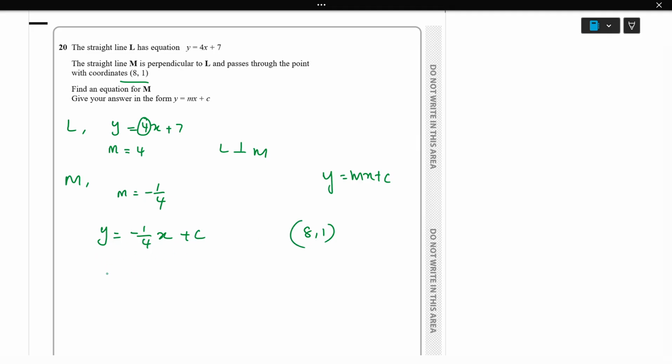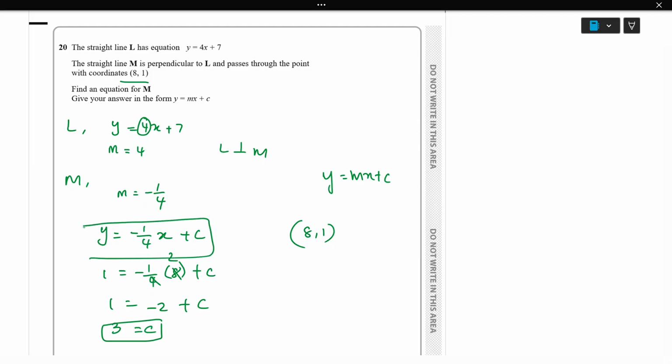y equal to 1 equal to negative 1 by 4, x is 8, plus c. So this is 2 times negative 1, which is negative 2, plus c. So bring 2 here, which is 1 plus 2, which is 3 equal to c. So we got the c, just substitute here.